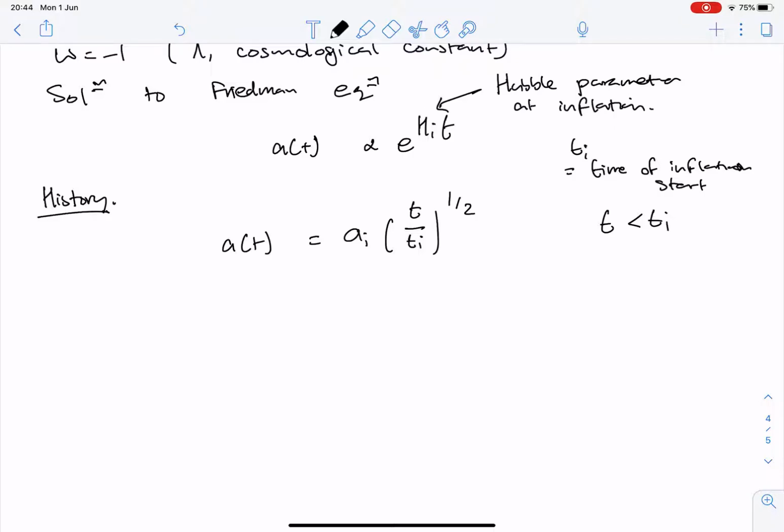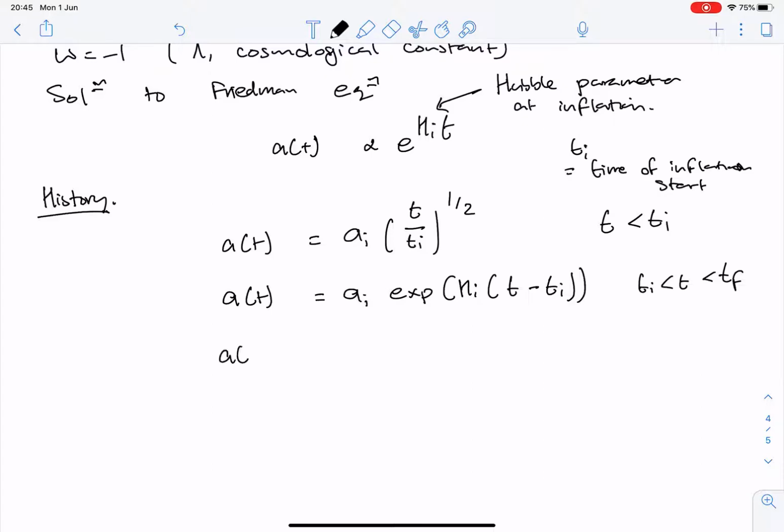And then I have a period of inflation. And at the period of inflation, I start, of course, with the scale factor a_i at time t_i, which is the scale factor at the start of inflation. And then I multiply that by an exponential of H_I (t minus t_i), for some period t_i less than t less than t_f. So between the start and finish of inflation, I just have this exponential growth period.